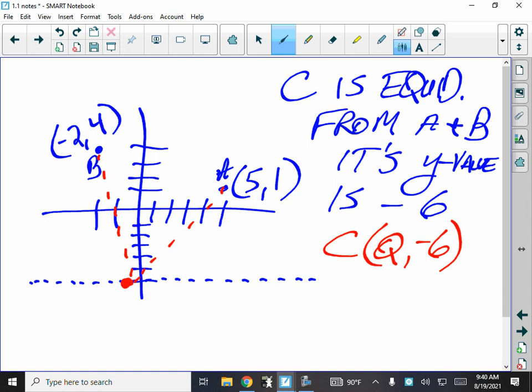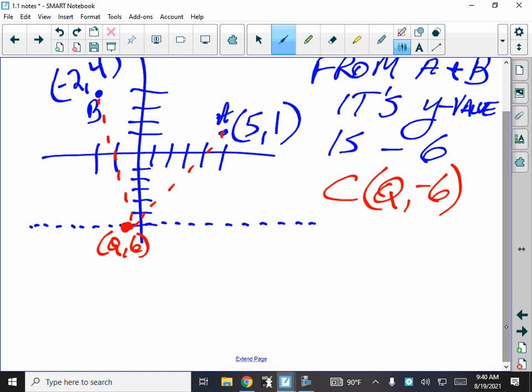All right, so equidistant. Are you ready? I'm going to go from Q, -6 to point A. I'm going to call this AC. And the distance of AC is going to be, you ready?